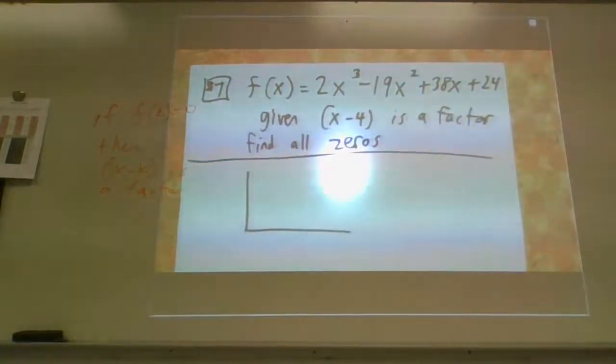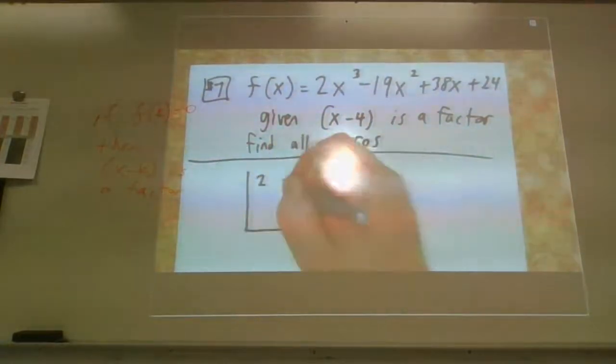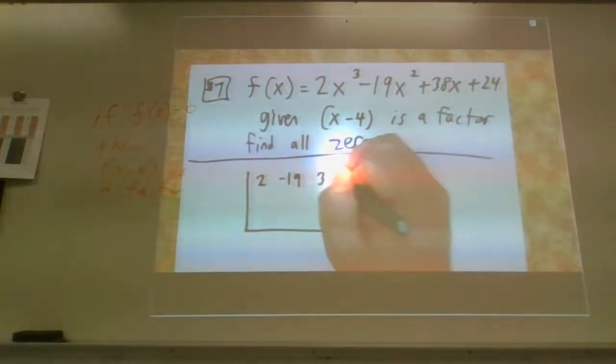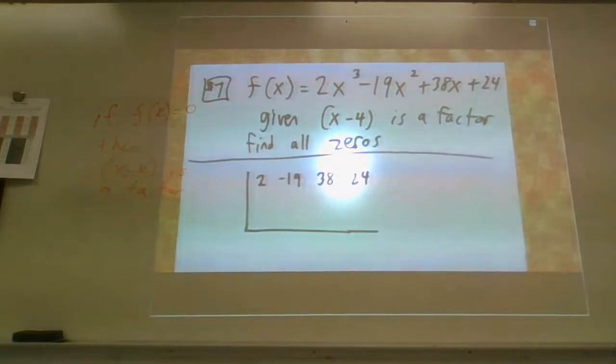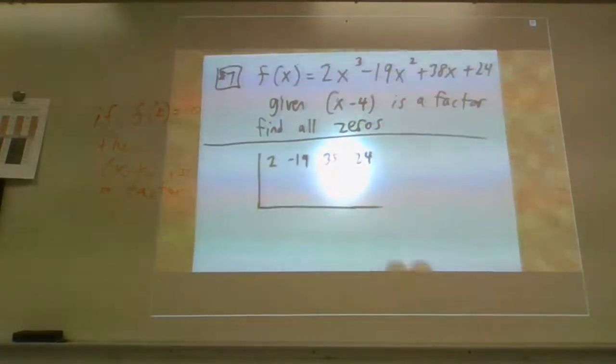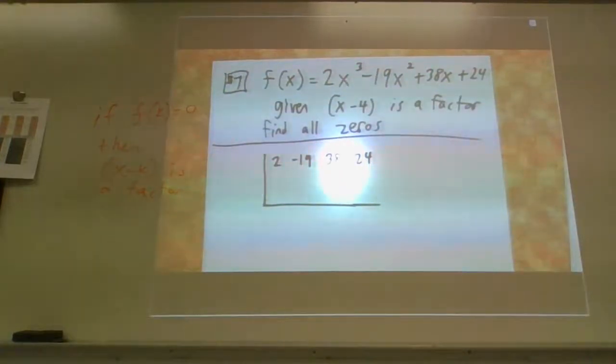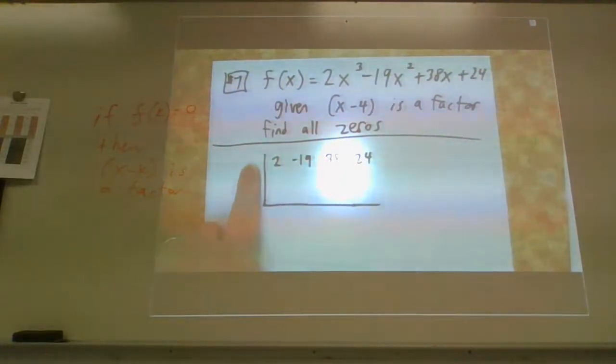Here's my synthetic bar. 2, negative 19, 38, and 24 go on the inside, as per usual. I need to do a synthetic division with this particular problem where I divide out that factor. But I need to know what number goes there. Take a wild guess. It's positive 4.